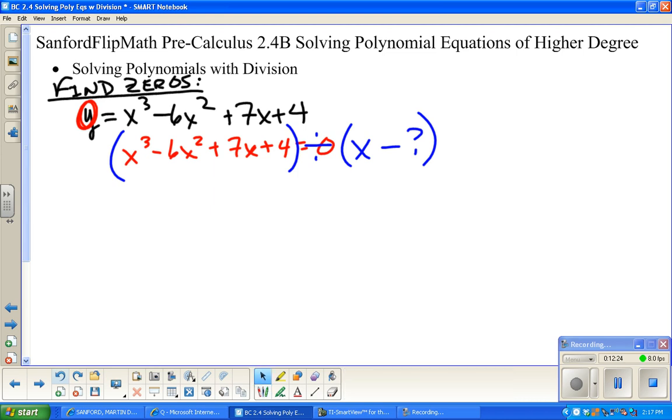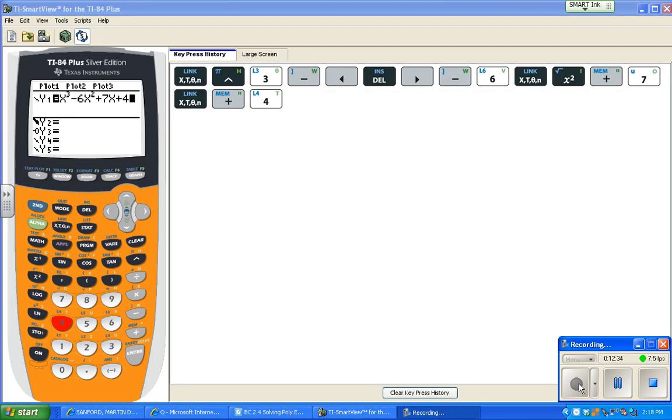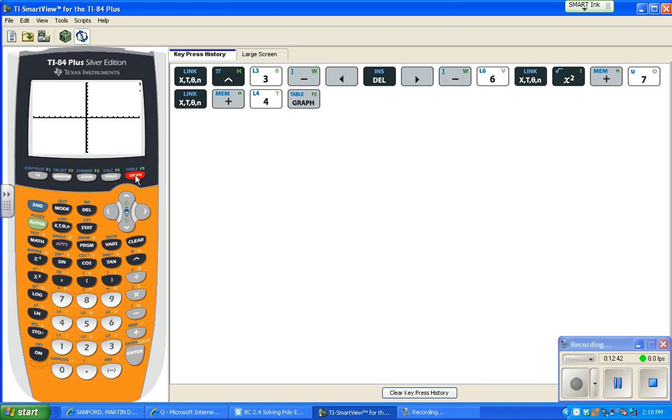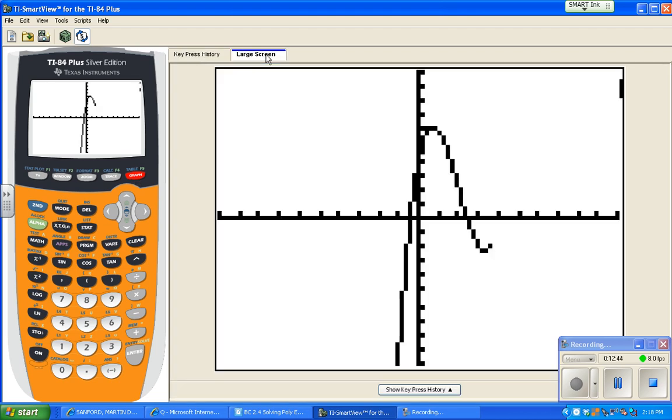All right, so the way we're going to do this is we're going to find a factor by looking at its graph. Okay, so let's pop over here. Ta-da. So I just typed in the equation, and what we're going to do is try and find one of the zeros. Okay, so here, let me give you the bigger screen.